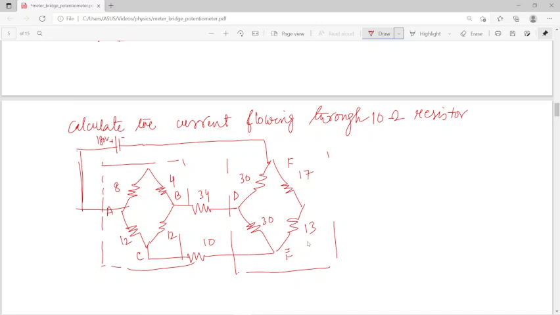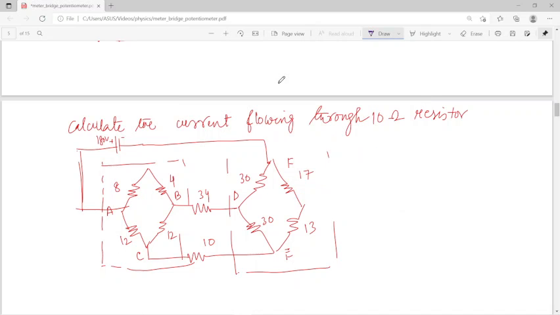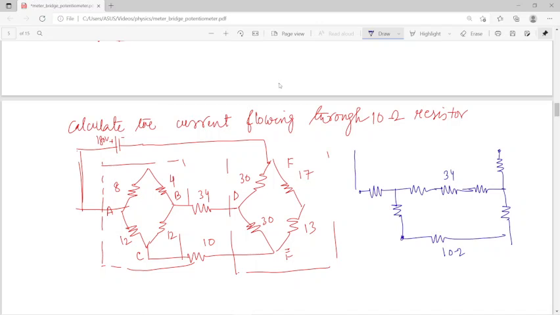I am not going to do the calculations, but you can convert it like that. That means this, this and this are the star portions. Here there is 34 ohm, and this you can also convert like that. So this is nothing but a 10 ohm that can be connected like that.